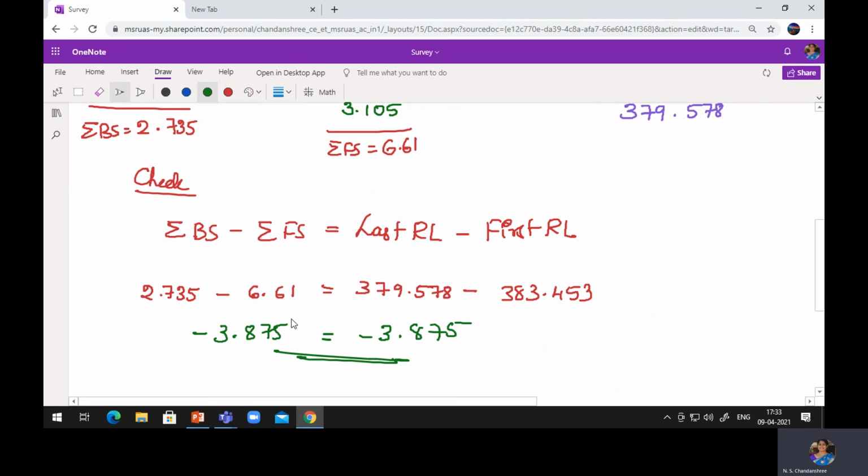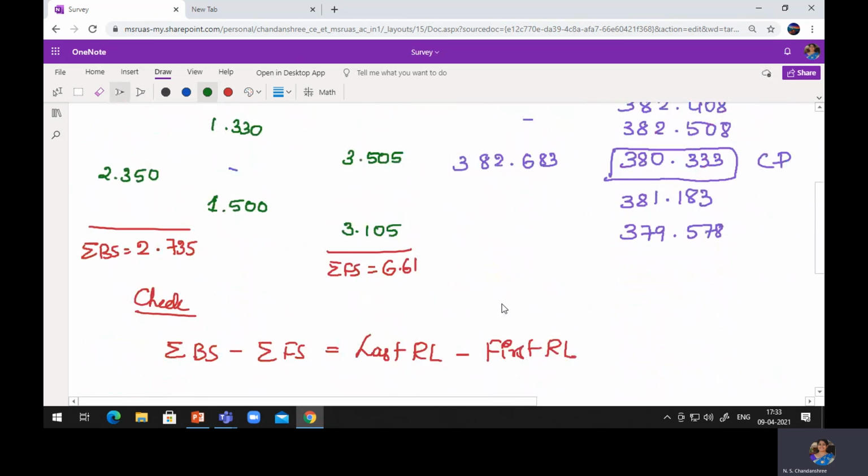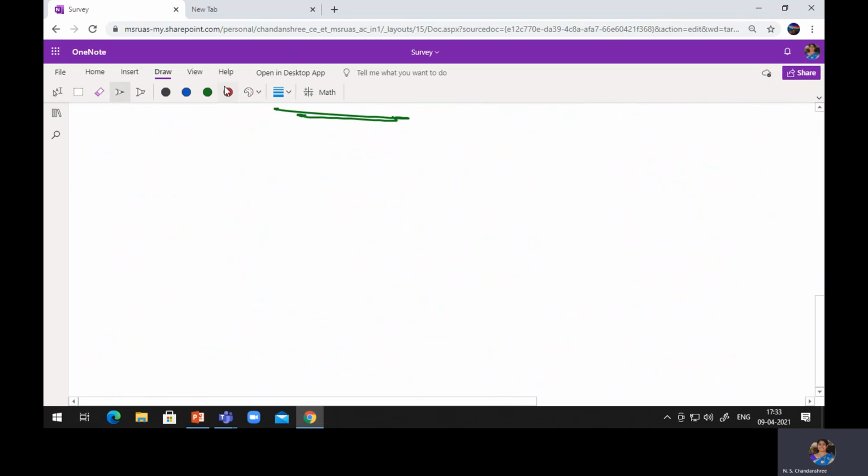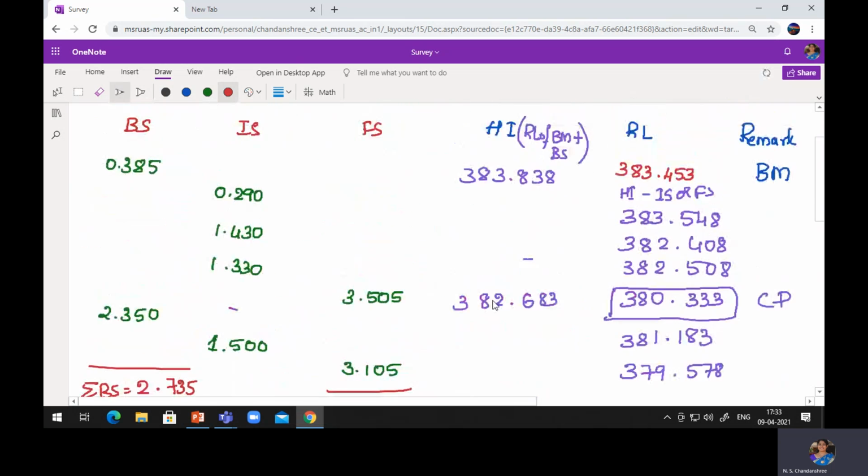If we get the same thing here, then whatever we have done is correct. Check is found to be correct. Now next we will learn the next method, that is the rise and fall method. So the data will be the same.